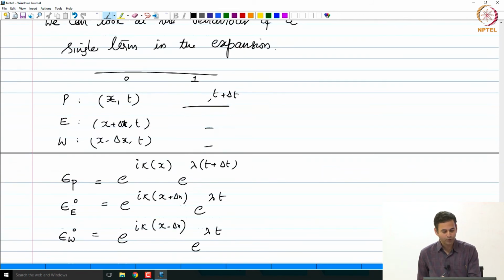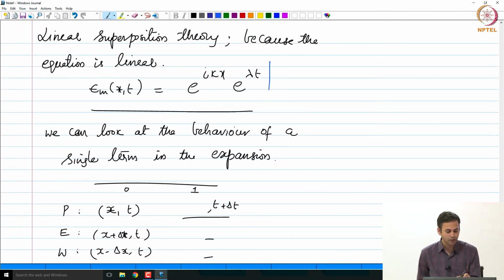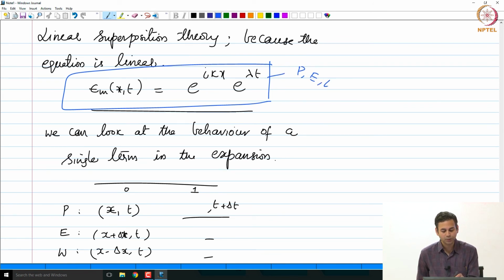So essentially, we have this particular mode, and we are just plugging it in for each of the p, east, and west, at time levels 0 and 1. That is what we are doing.